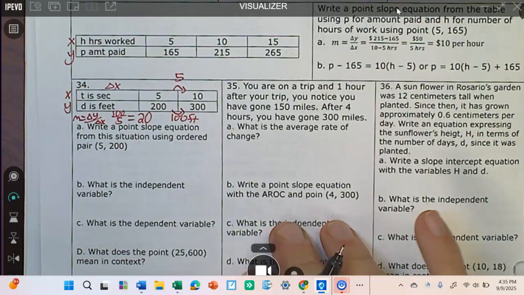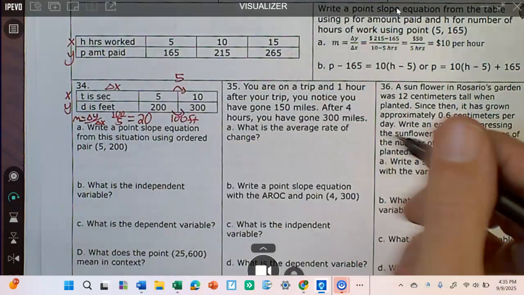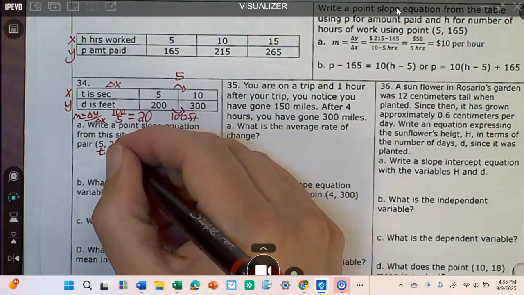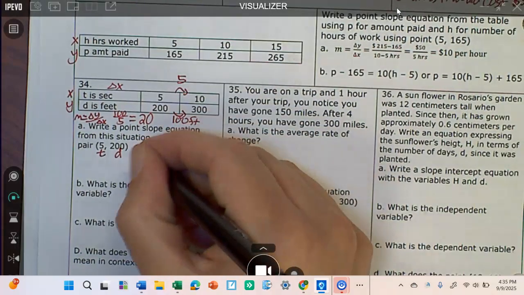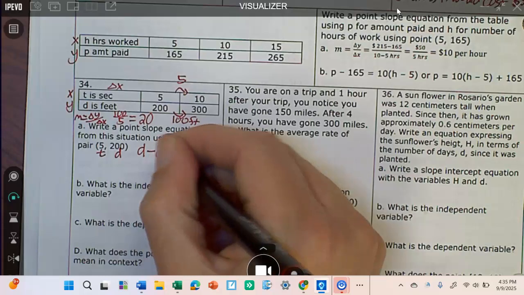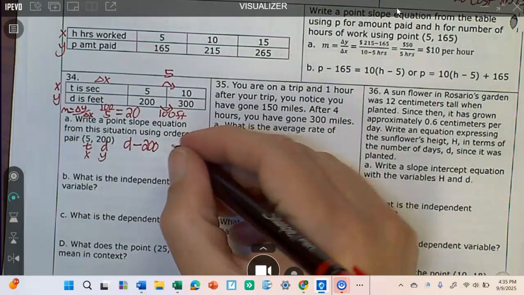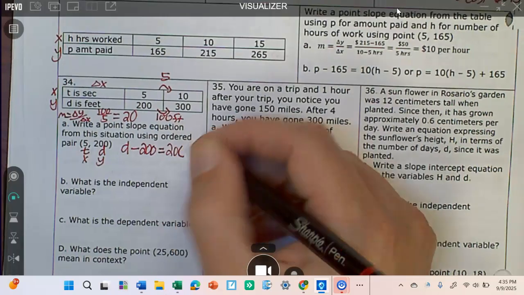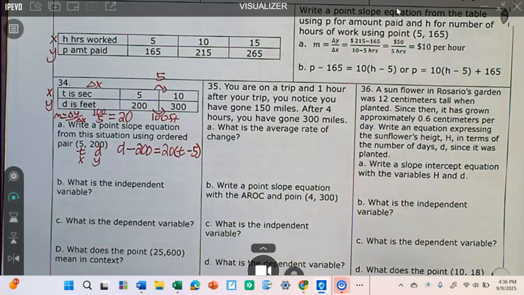So M is 20 feet per second. Okay, it says write a point slope equation from the situation using the ordered pair. So we're using T for X and we're using distance for Y. So it'd be D minus the y value, equals M, which we got 20. Instead of X, we're using T. And then minus 5.